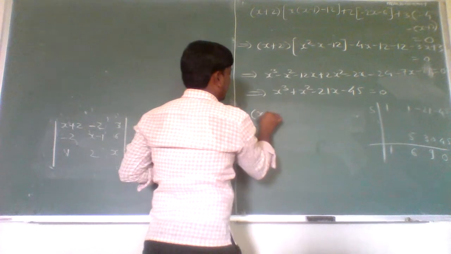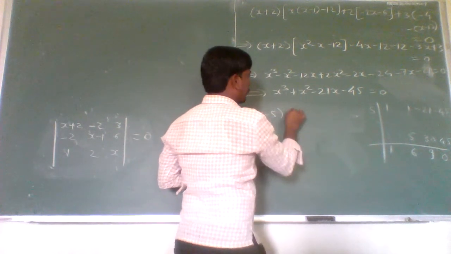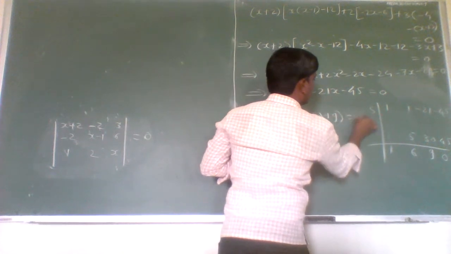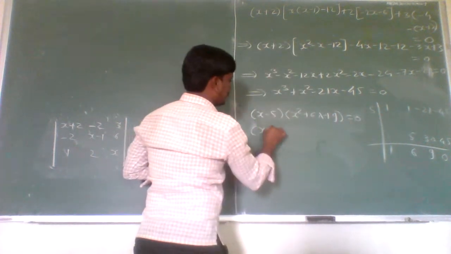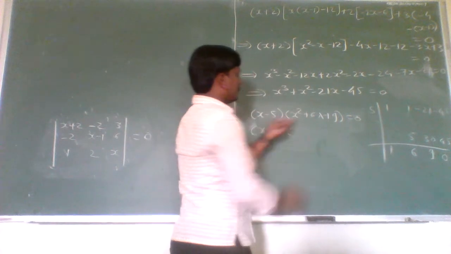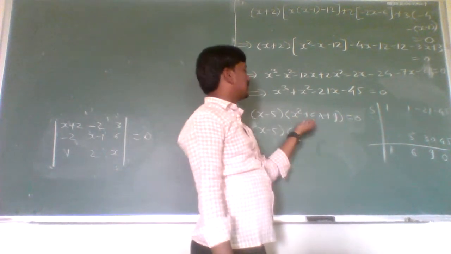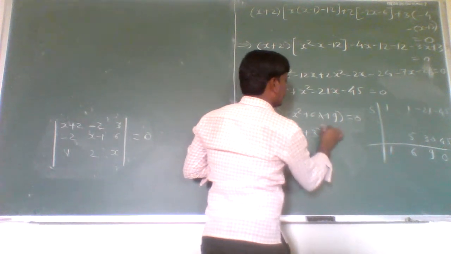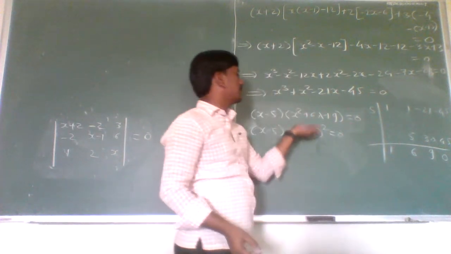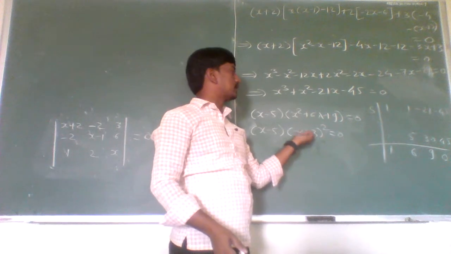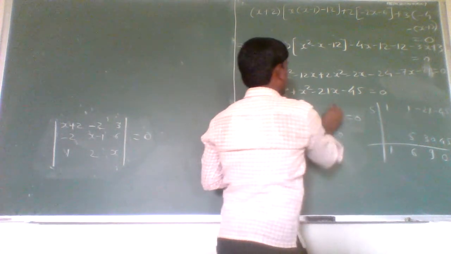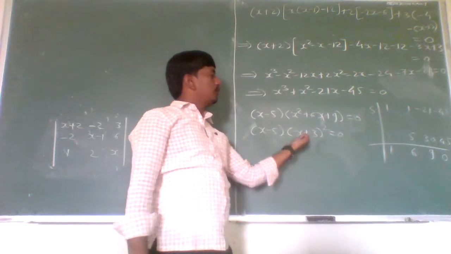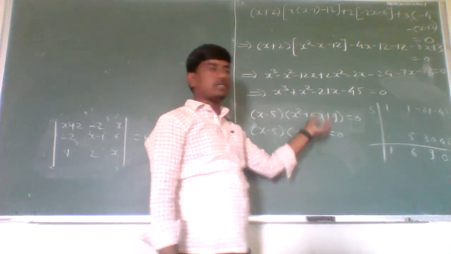So its factors are x minus 5 into x square plus 6x plus 9 equal to 0, which is x minus 5 into x plus 3 whole square, since x square plus 2 into 3x plus 3 square is 9.